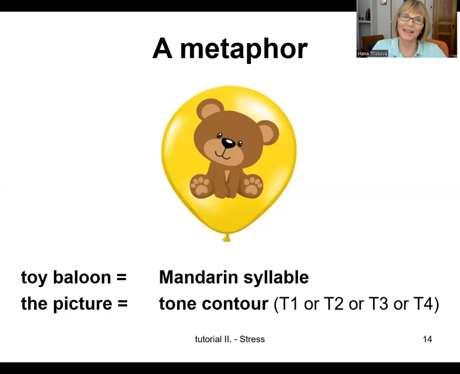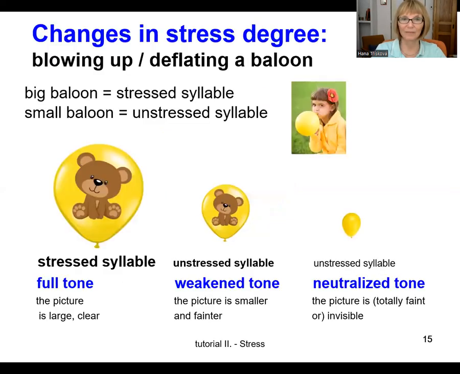To give you a better idea, I will use a metaphor. So imagine we have a toy balloon with some picture on it, a teddy bear in this case, and that balloon stands for a Mandarin syllable, and that picture stands for a tone contour. If we change stress degrees of the syllable, it's like blowing up or deflating a balloon.